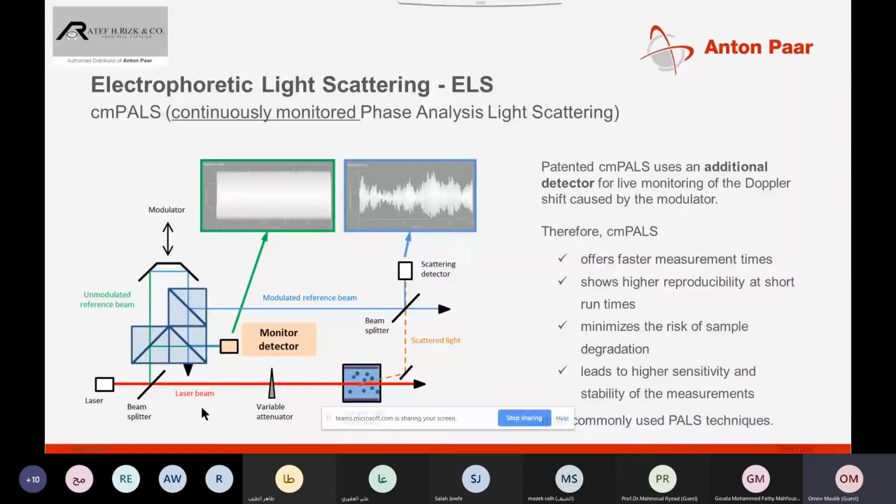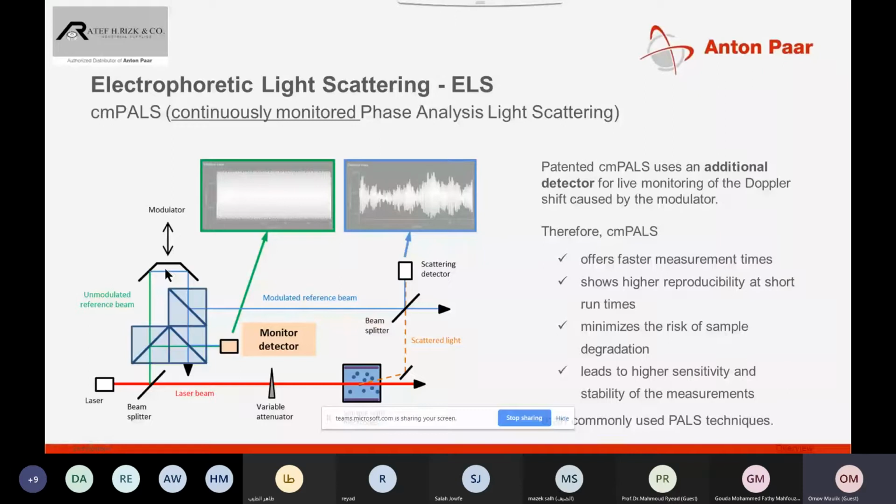Now, when it interacts with the scattered laser light from the particles, there is constructive as well as destructive interference. And based on that constructive and destructive interference, you can get a scattering frequency. So you can see over here, this is a sample scattering frequency, and this is the frequency from a modulator detector.